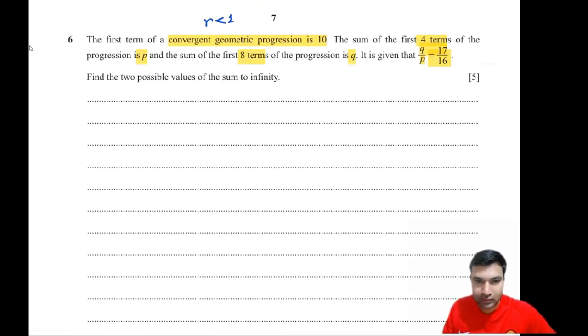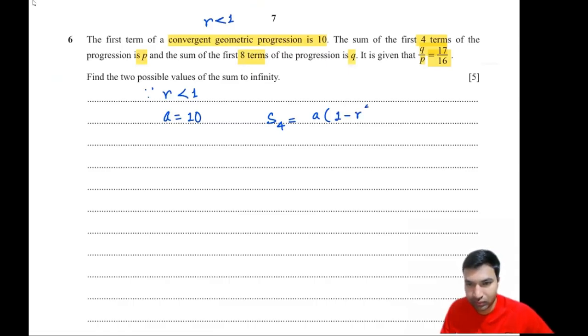All right, so we know that since it's given r is less than 1, and the first term of the convergent GP is 10, the sum of the first 4 terms of the progression is P. So S4 is equal to a times (1 minus r to the power 4) over (1 minus r), since it's convergent.